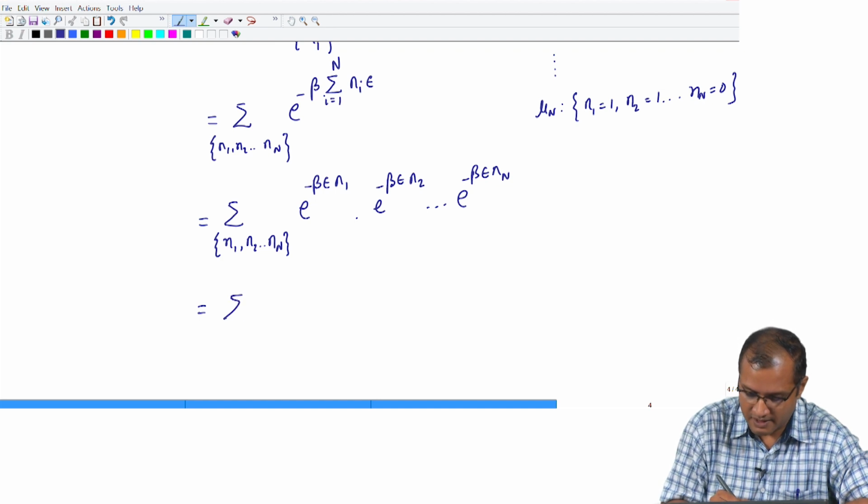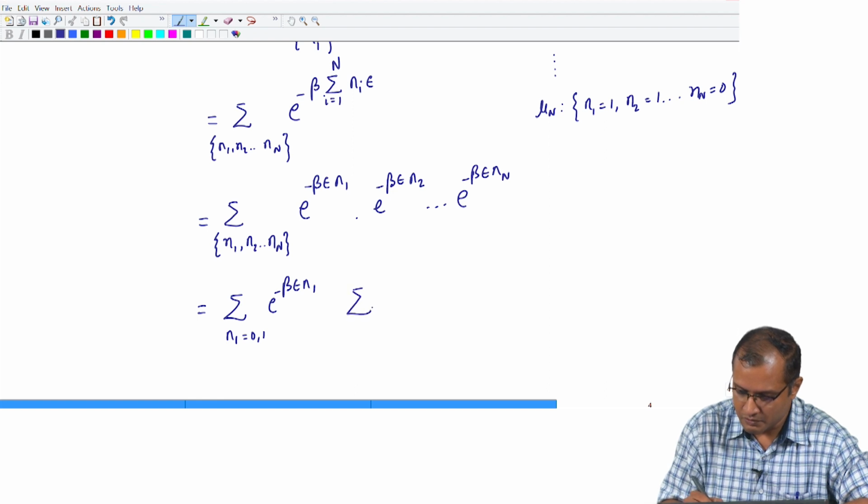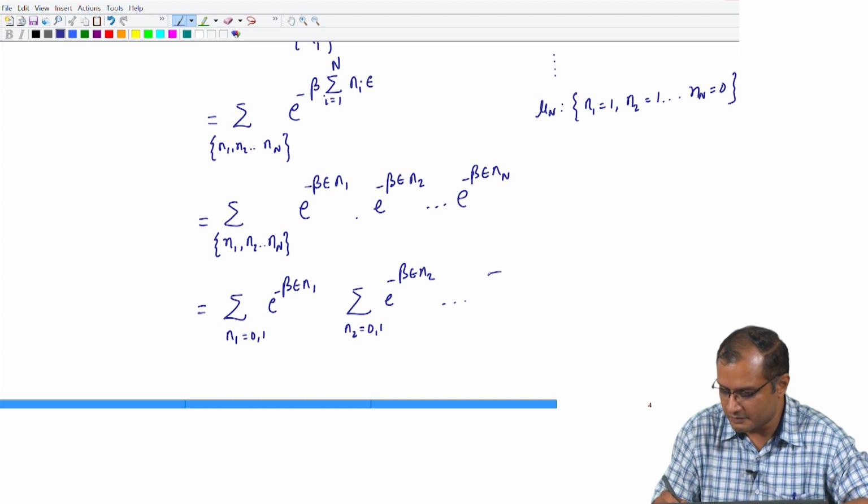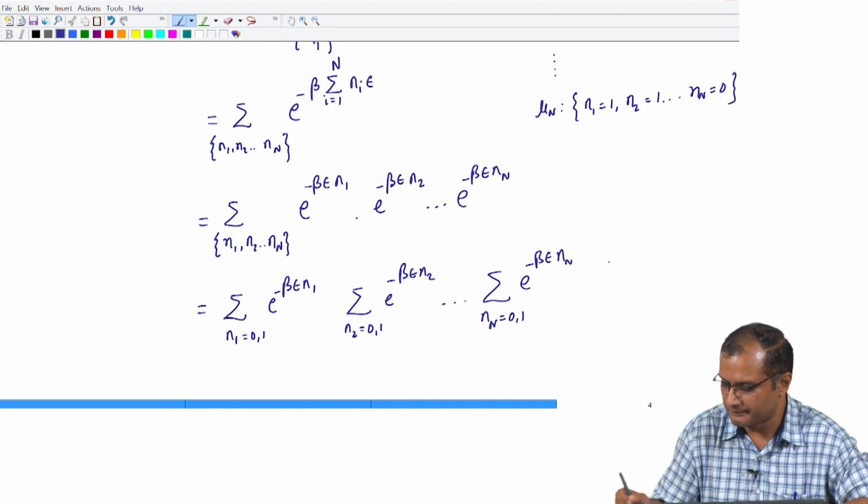So, I can now write it as summation n1 going from 0 and 1, n1 can only take 0 or 1, e raised to minus beta epsilon n1 into, these are all independent variables. So, these summations are independently applied all the way to summation on nN which is 0, 1, e raised to minus beta epsilon nN.